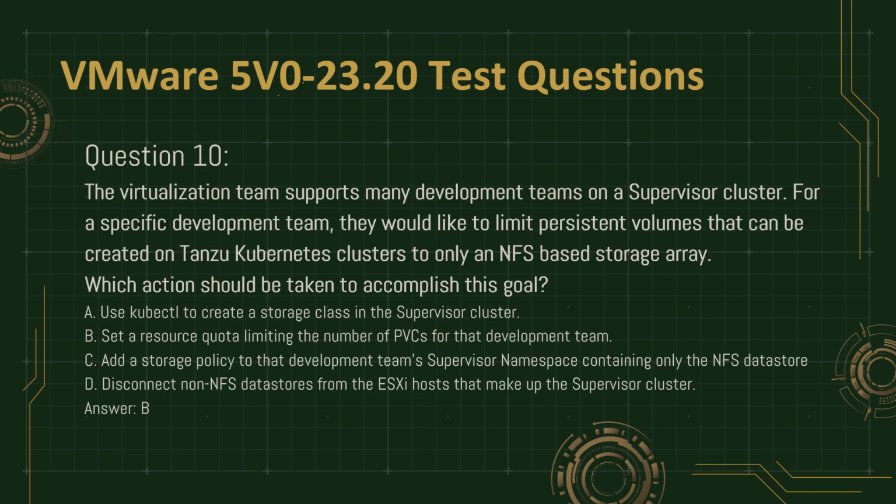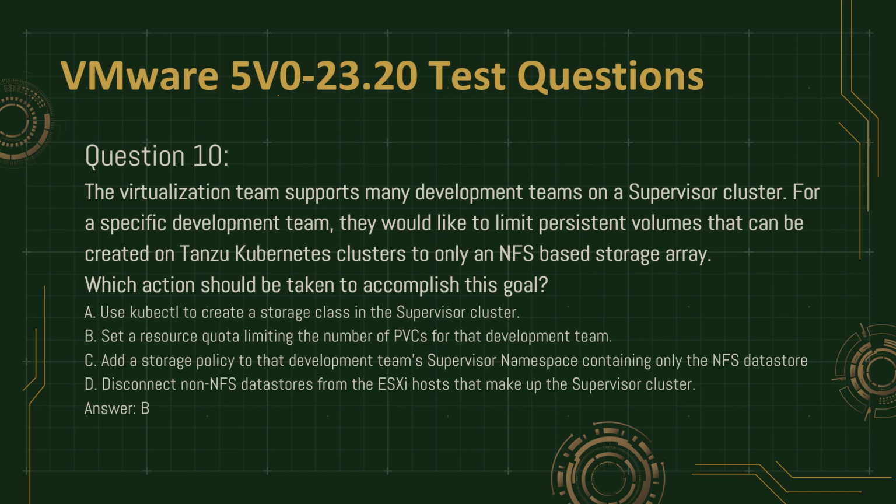Question 10. The virtualization team supports many development teams on a supervisor cluster. For a specific development team, they would like to limit persistent volumes that can be created on Tanzu Kubernetes clusters to only an NFS-based storage array. Which action should be taken to accomplish this goal? A. Use kubectl to create a storage class in the supervisor cluster.